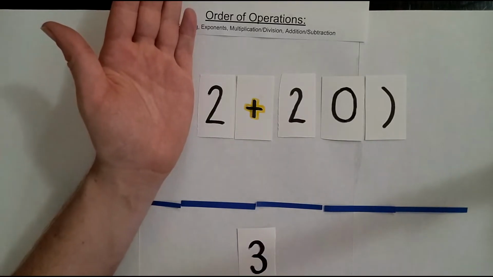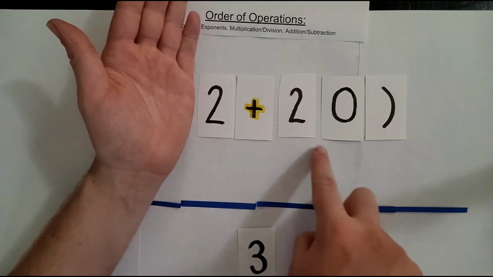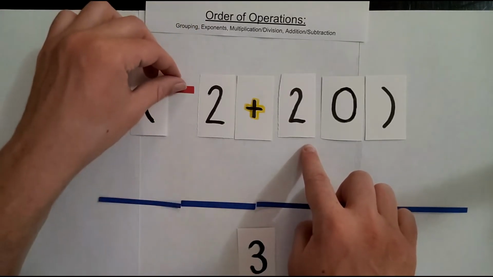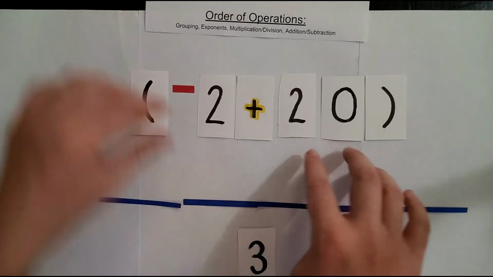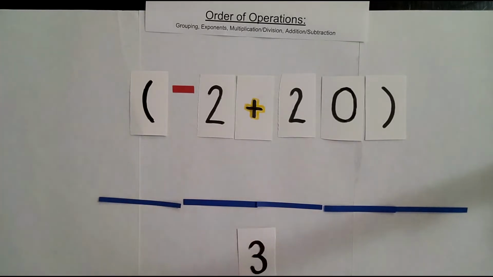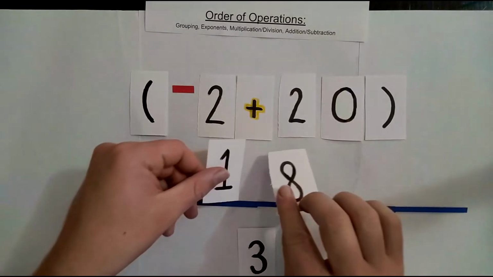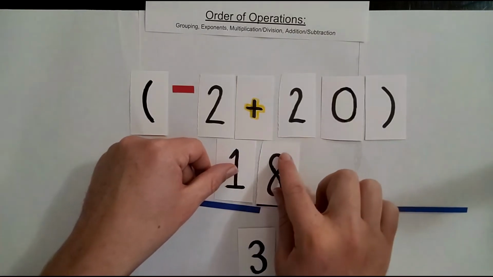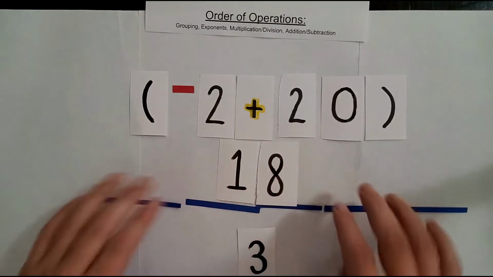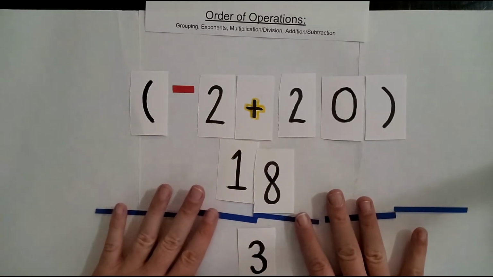We're going to leave off the negative for now and say, okay, well, what is 20 minus 2? So 20 minus 2 is going to be 18. So we start with the bigger number, we subtract off the smaller number. So 20 minus 2 is 18.